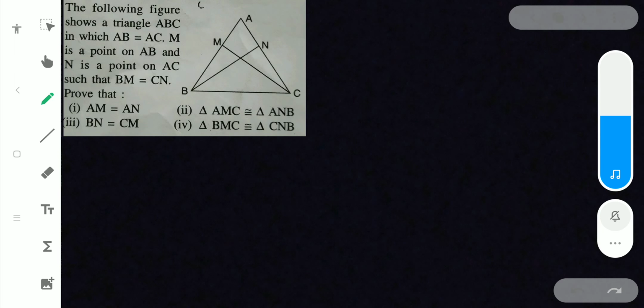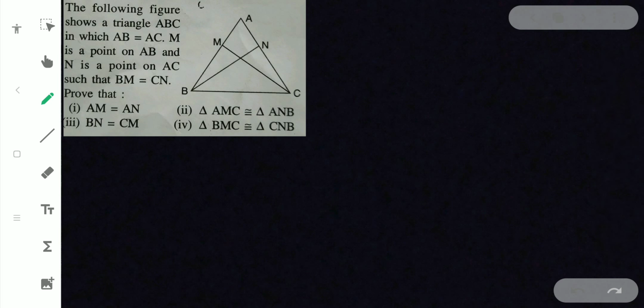Here a figure is given which is showing triangle ABC. So this whole is a triangle ABC, and AB is equal to AC.